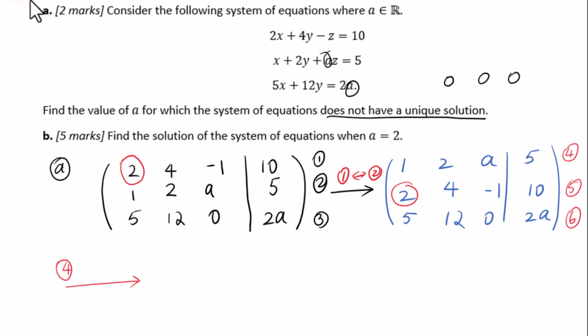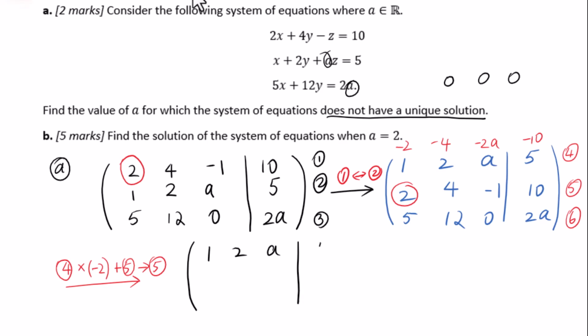Row 4 times negative 2, then add to row 5. Negative 2, negative 4, negative 2a, negative 10. Row 4 still stays 1, 2, a, 5. Negative 2 add 2, 0. Negative 4 add 4, 0.